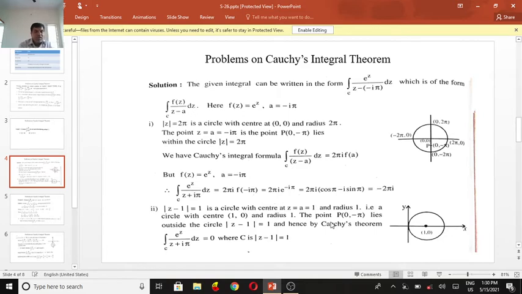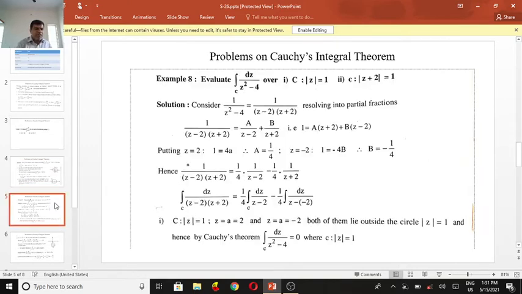This is the way to calculate: if the point is outside the circle, the Cauchy integral value is totally 0.